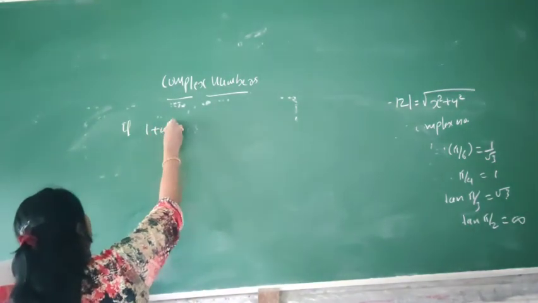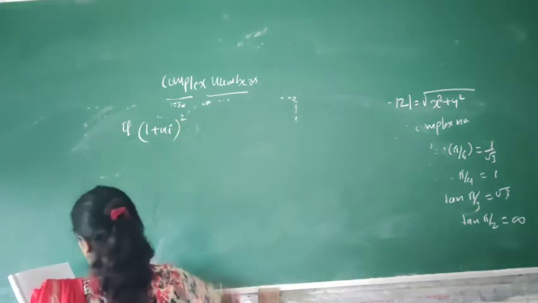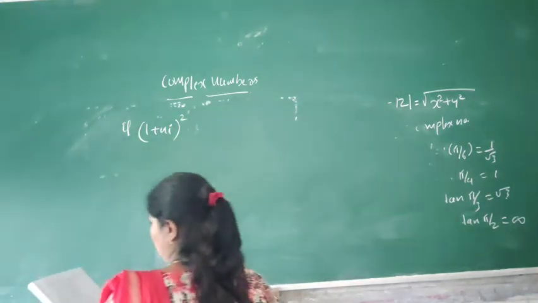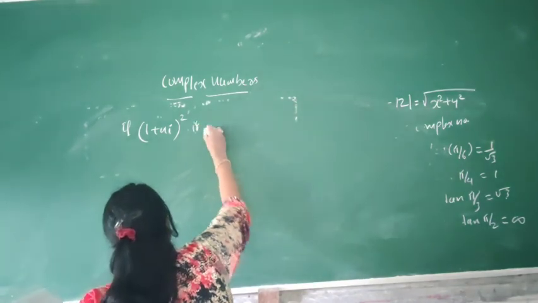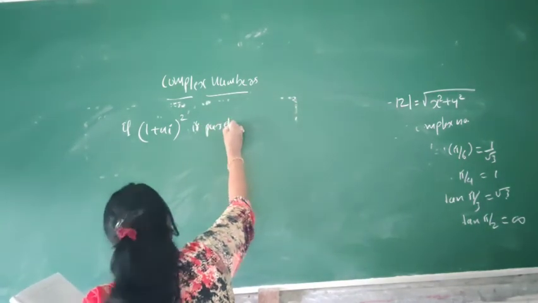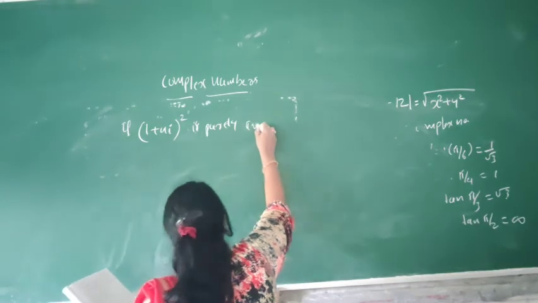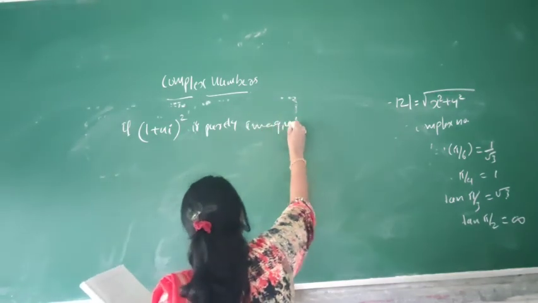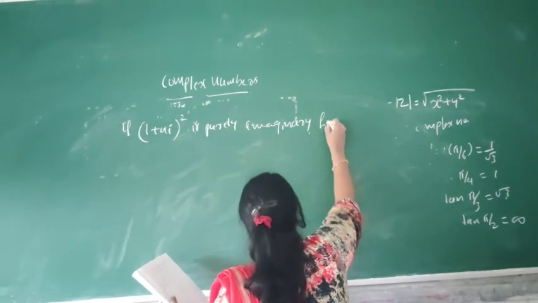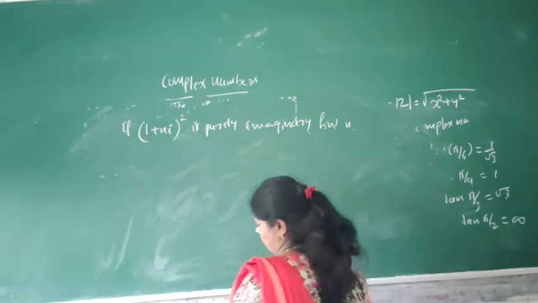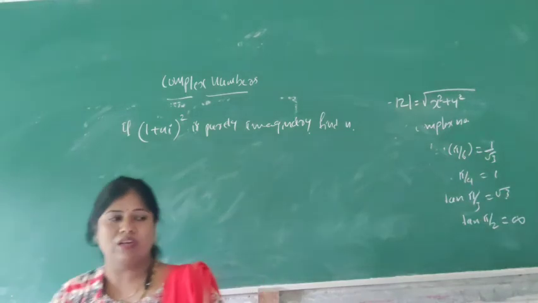If (1 plus ni) whole square is purely imaginary, find n.